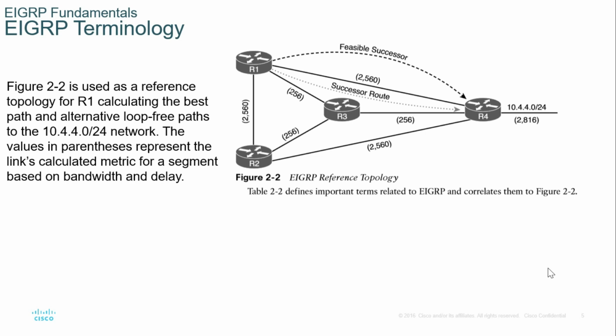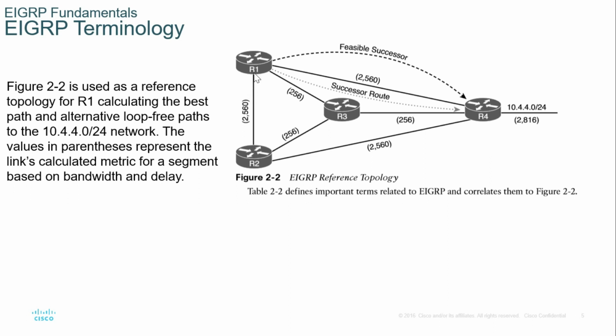Okay, so dalam diagram ni dia ada describe the feature of EIGRP. Contohnya satu term dipanggil feasible successor, another term as the successor route. Okay, so successor route is basically the best path lah antara all these possible paths.